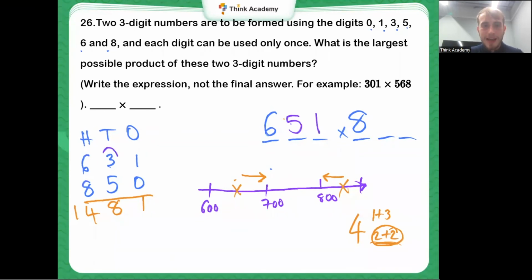That's me looking at my 10s and my 1s column and choosing the biggest possible ones. And then the 800, I want to be as small as possible, so I'll choose the smaller 10 and the smaller 1s. That gives you the biggest possible product of these numbers. So that's how we can work out how to choose the two biggest numbers and to get them as close together as possible.